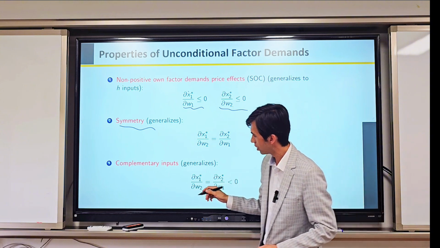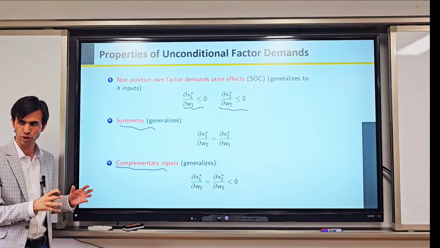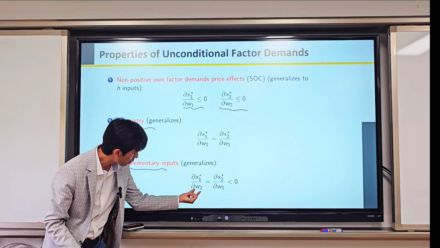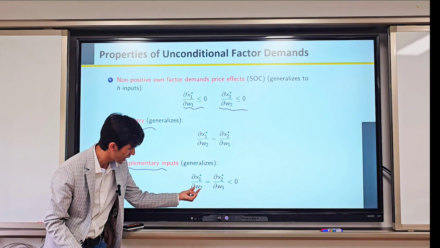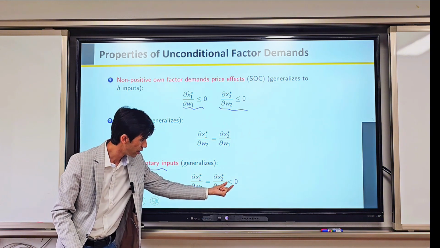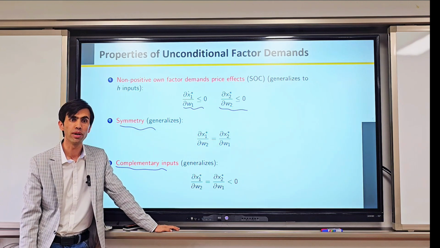If we have complement inputs, which we need to use both of them, when the price of input 2 increases, the demand for input 1 would decrease. Why? Because they're complements.